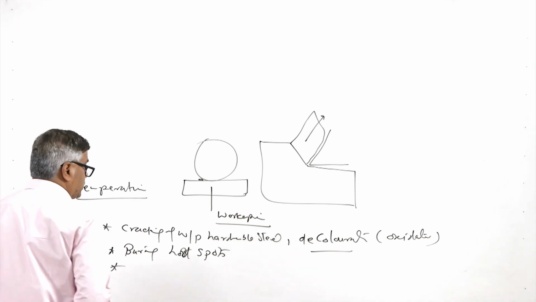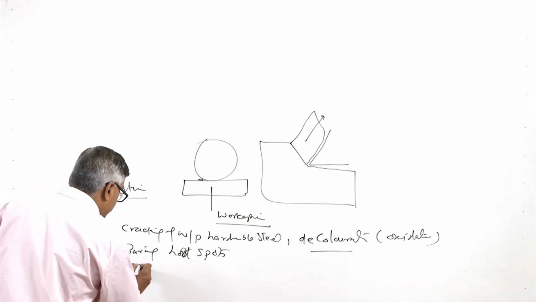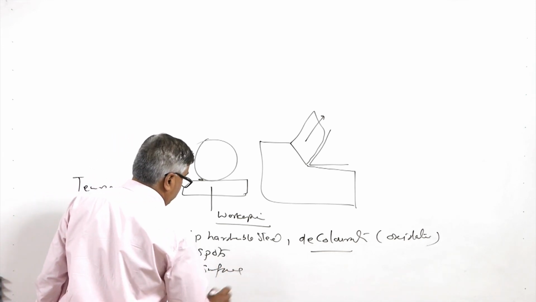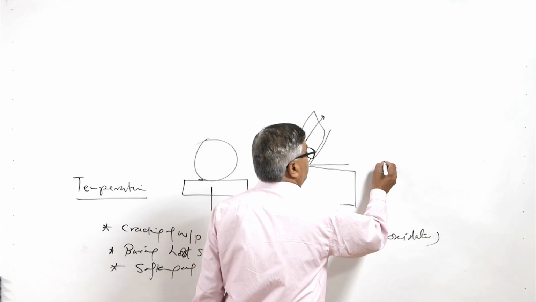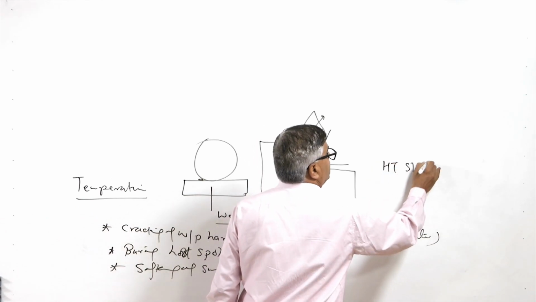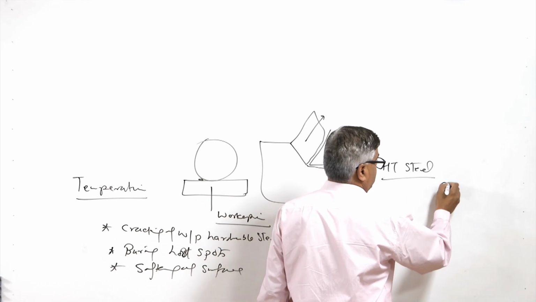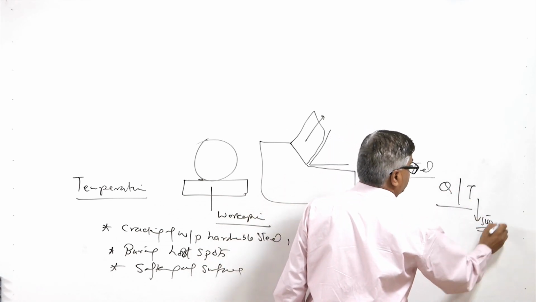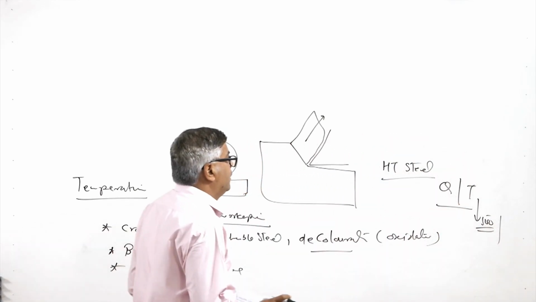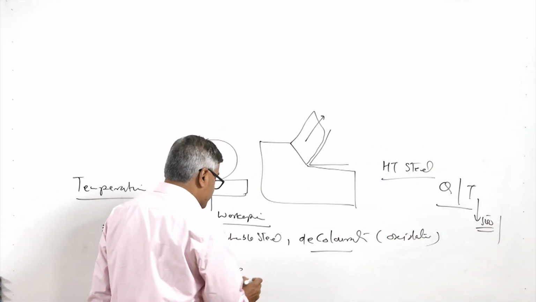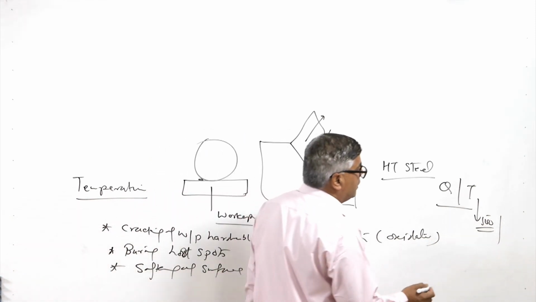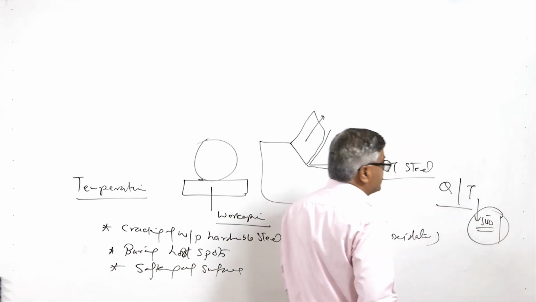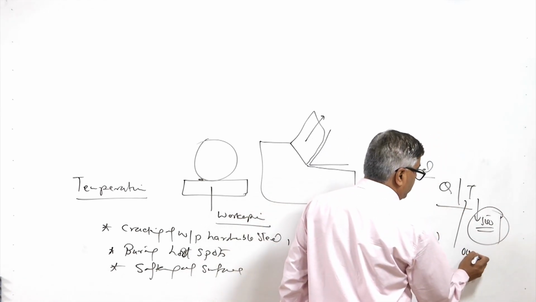And the third one can lead to softening of the surfaces, like when grinding is performed on heat treated steels, say quenched and then tempered. If tempering has been done at 500 degrees centigrade, and after final heat treatment and processing it is subjected to grinding, and the rise in temperature of the material during grinding goes beyond 500 degrees centigrade, then the metal gets over tempered.